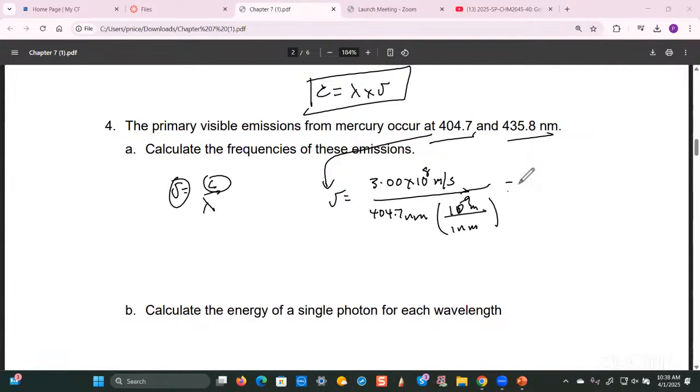See what that gives. So 3 times 10 to the 8 divided by that. According to my calculations, the answer I got is 7.41 times 10 to the 14, and the units here would be hertz or seconds to the minus 1.